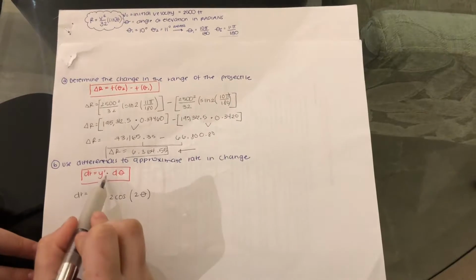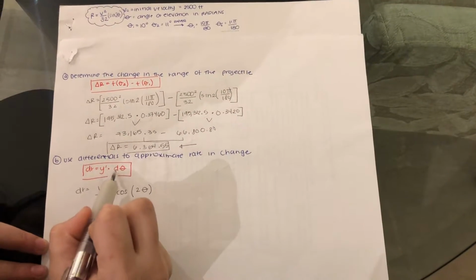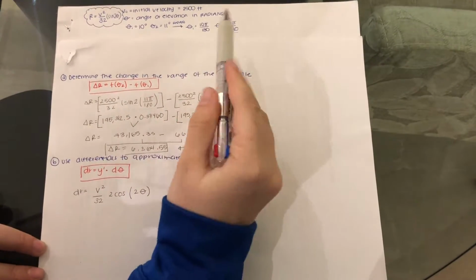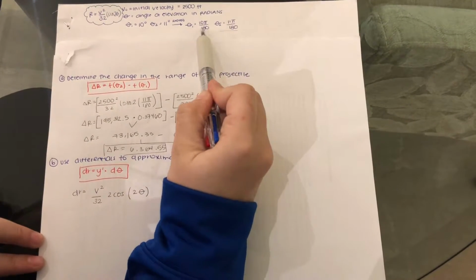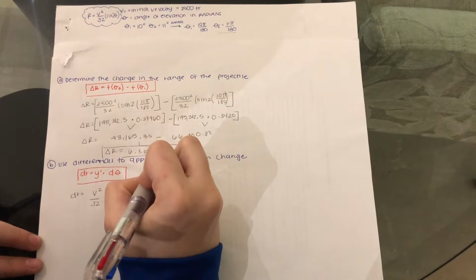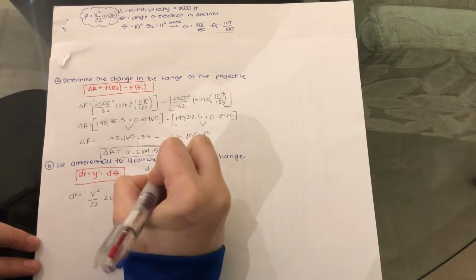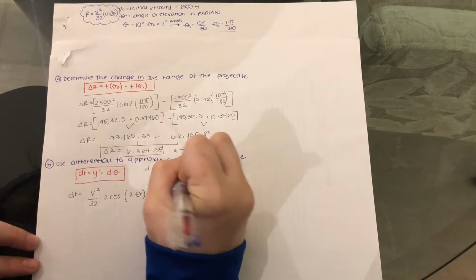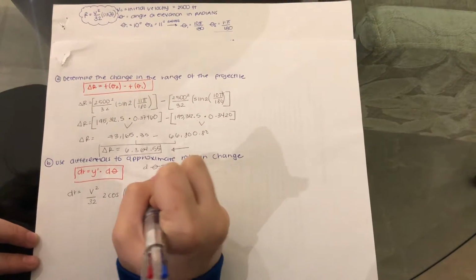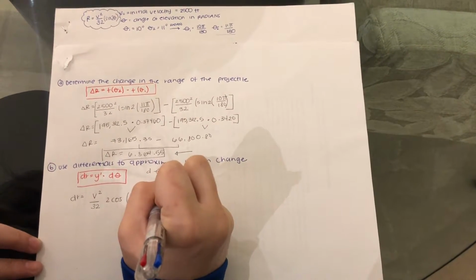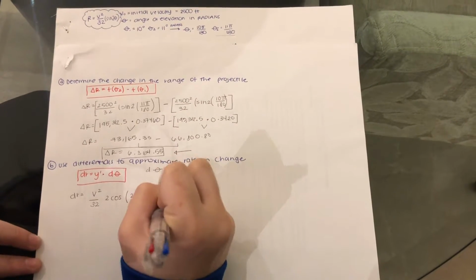All of these, we're going to multiply times the d delta, which is here. We know that if we subtract this minus this, we're going to get our d delta. This equals 2 minus 1, so our answer here will be 1 pi over 180.